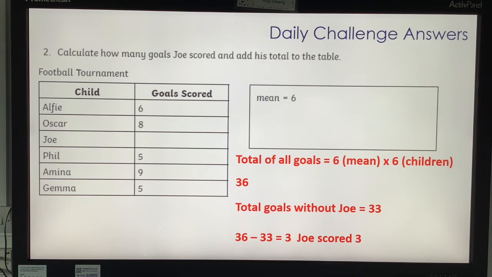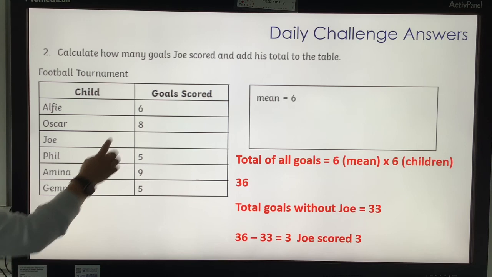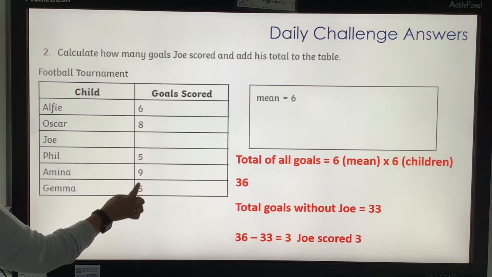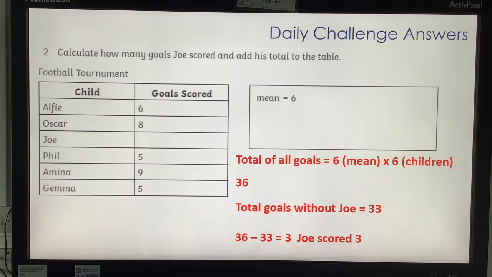So that is the total number of goals scored in the whole tournament. Then we calculate how many goals were scored without Joe, and that gives us 33. So we know that there were 36 goals in total, and 33 of the goals happened without Joe, so that means Joe scored 3 of them.